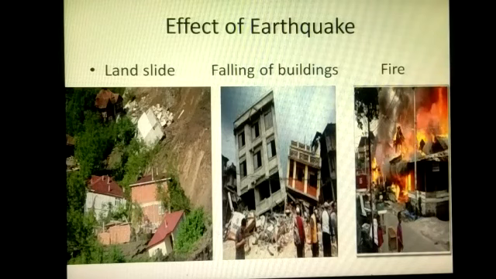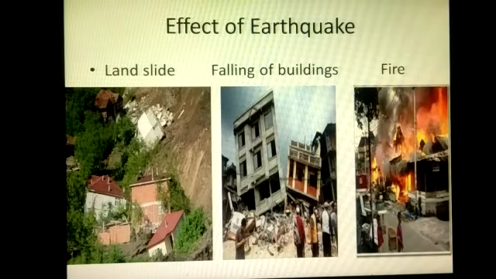The greater danger in this is falling rocks, which may result in damage to people to a great extent. It also results in fire. The underground water system also gets disturbed by these movements. The earthquake waves are of three types: P waves, S waves and L waves.